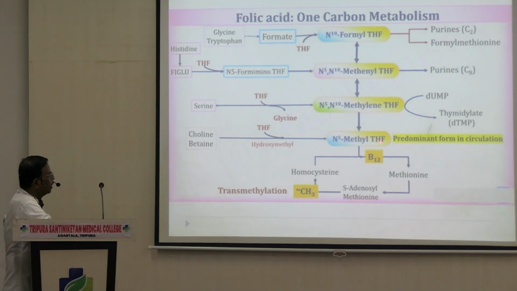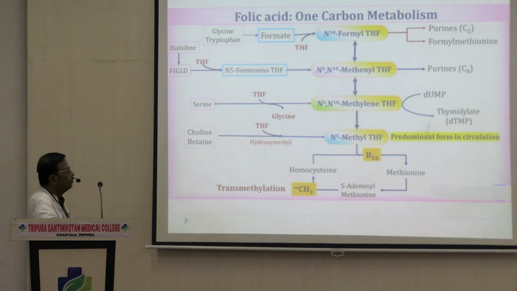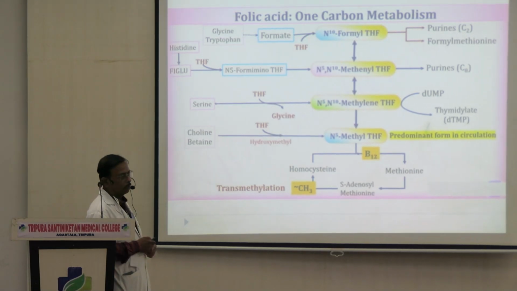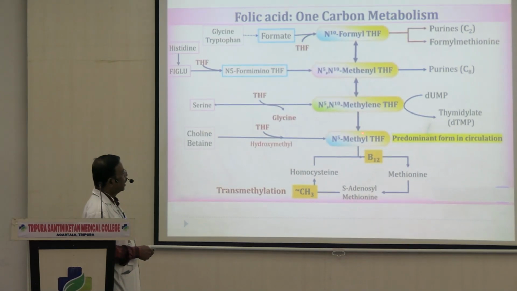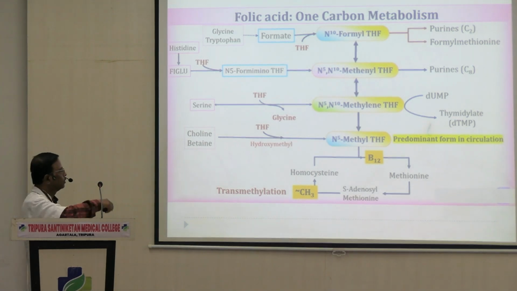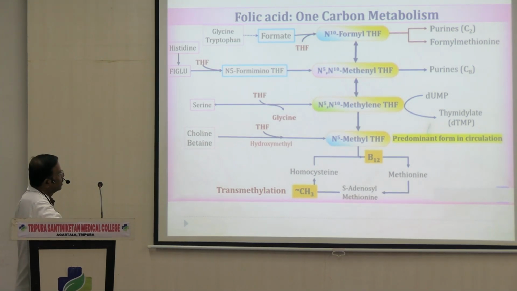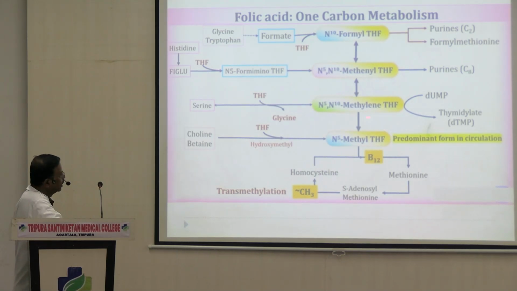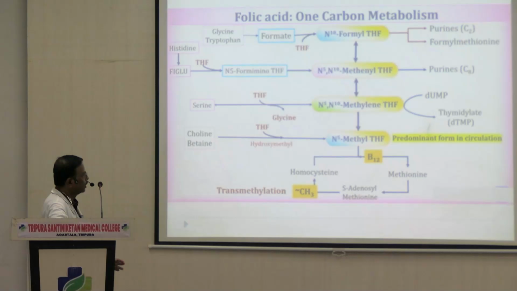So there will be a stagnation of N5-methyl tetrahydrofolate. This will increase in the blood. Okay. Now, as this reaction is not reversible, methylene tetrahydrofolate cannot be synthesized from this.